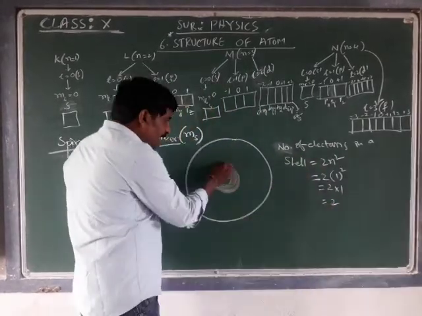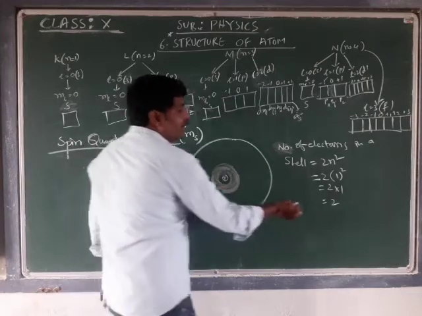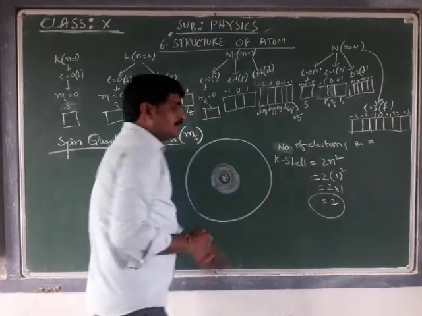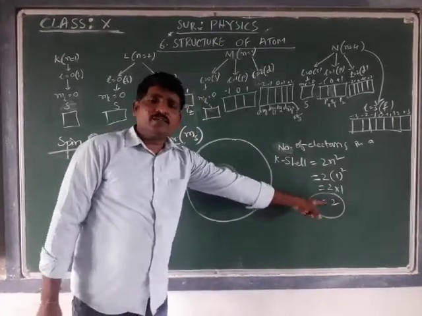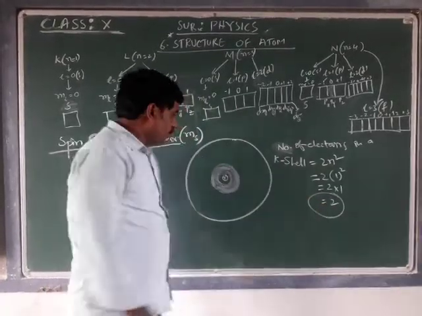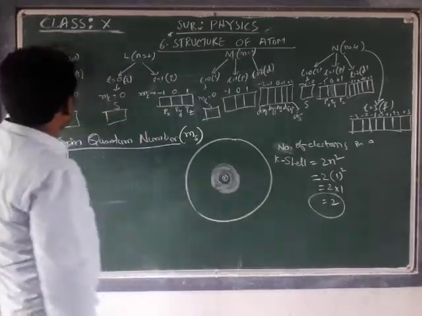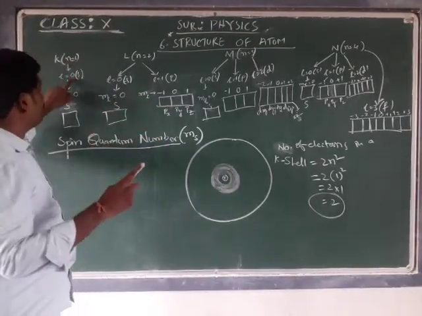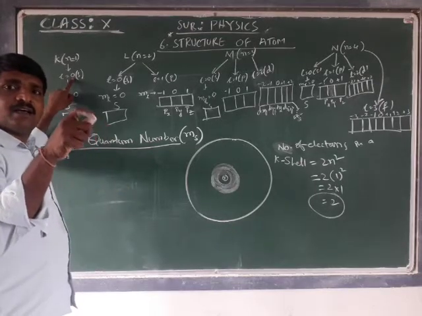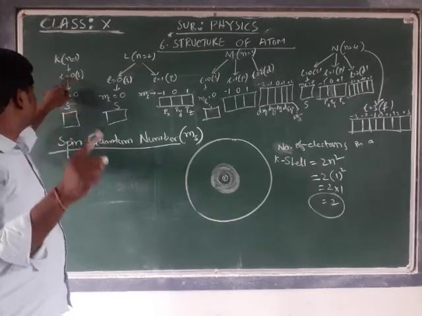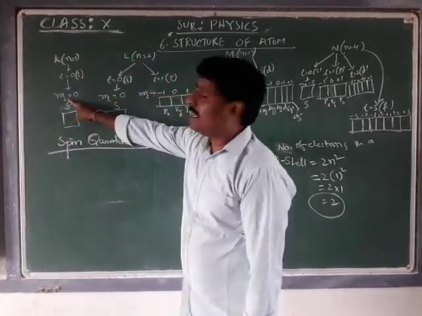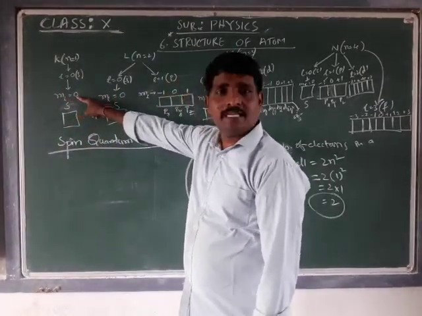That means if I take this region as the K shell, how many electrons can be there in the K shell? 2 electrons can be there. This K shell has one subshell, S. This one subshell has one magnetic quantum number, ml is equal to 0.